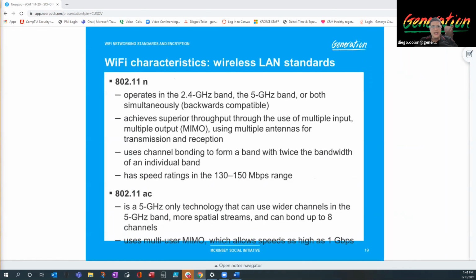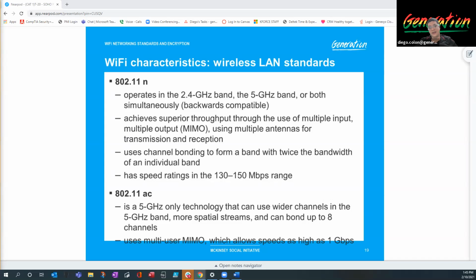So, N itself also contains supposedly the 5 gigahertz band to be able to use what they call MIMO, which is multiple input multiple output. It uses multiple antennas to be able to send and receive information. You've probably seen these things and they look like a little spider or an ant with all the antennas that they have on it.